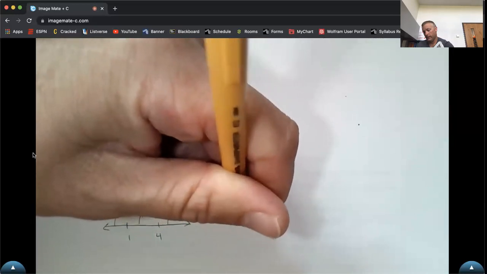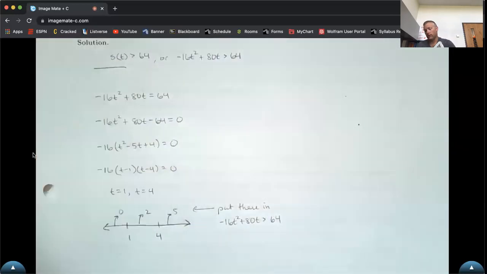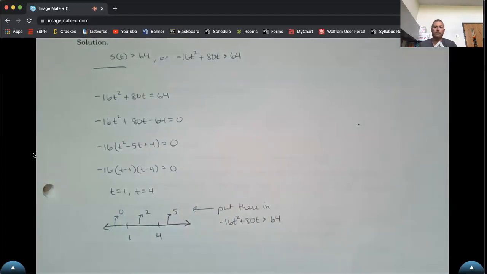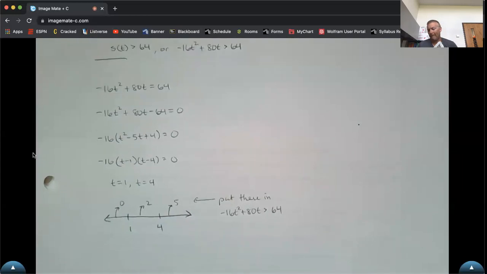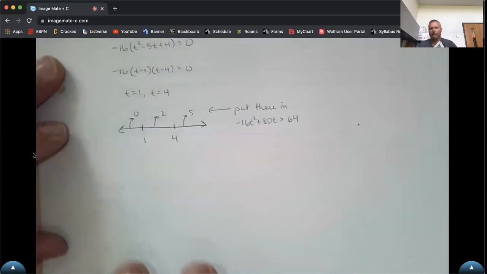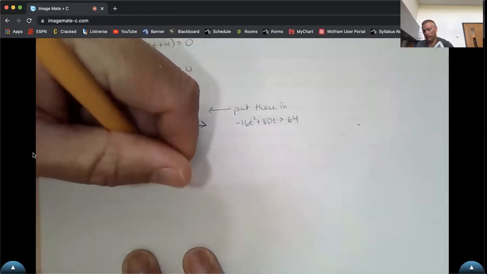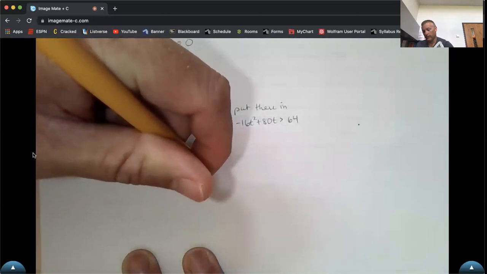in negative 16t squared plus 80t is greater than 64. If we use 0, we have negative 16 times 0 squared plus 80 times 0 is greater than 64.